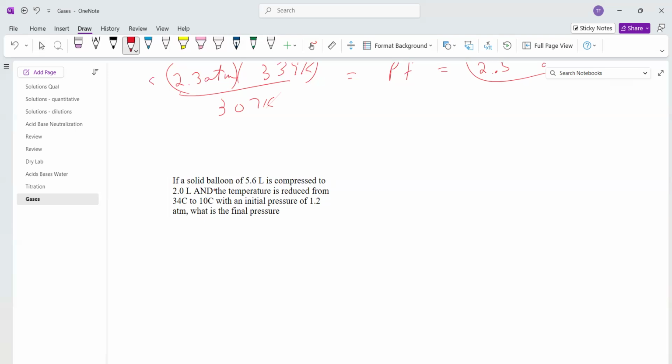So, okay, n is constant. We're not adding gas or taking gas out. So the initial pressure is 1.2 atmospheres. And the volume is 5.6.